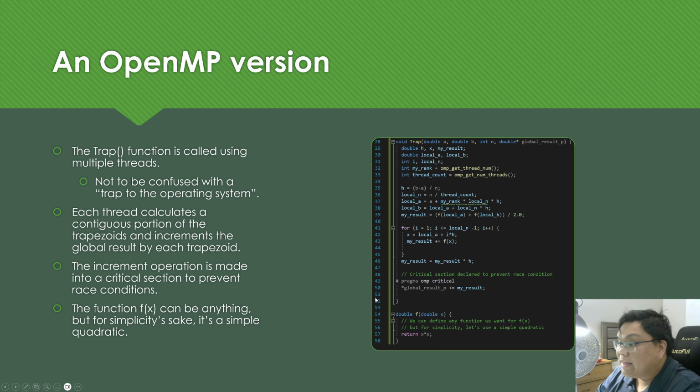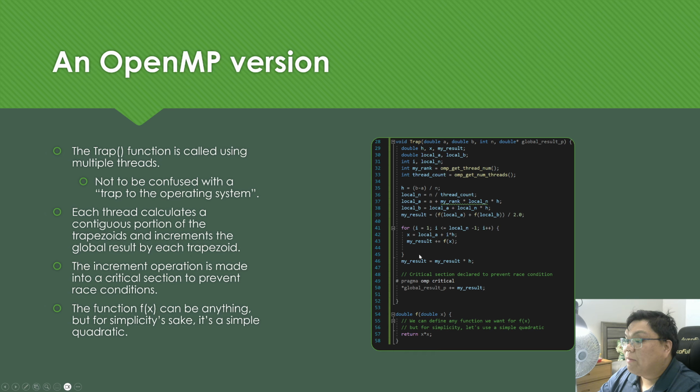Okay, so let's look at the code for this. Here it's set up such that we're just going to calculate a local result called my_result. We're going to initialize that to be f of local_a plus f of local_b, all divided by 2.